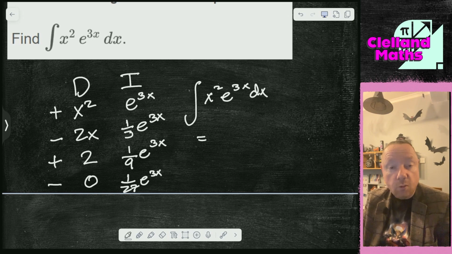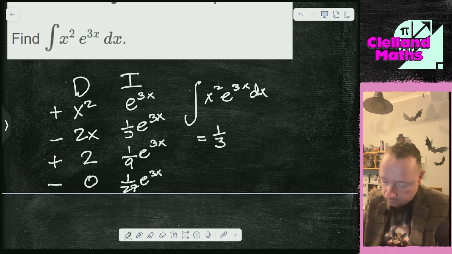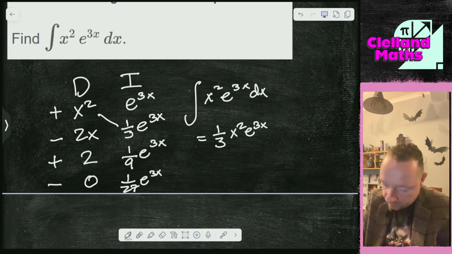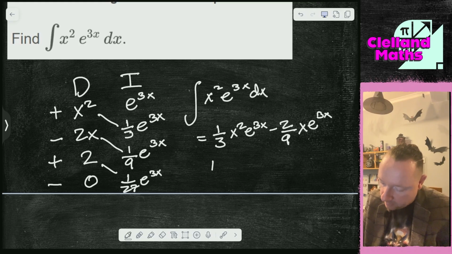So that's just 1/3 x squared e to the 3x, that times that, minus that times that, so minus 2 over 9 x e to the 3x, plus that times that, plus 2 over 27 e to the 3x plus c.